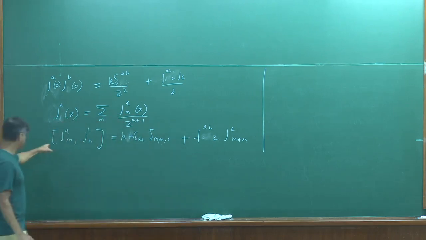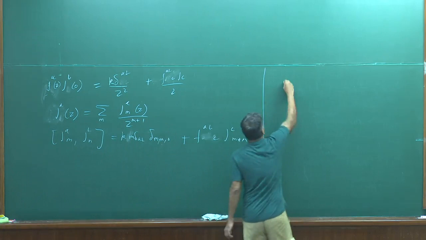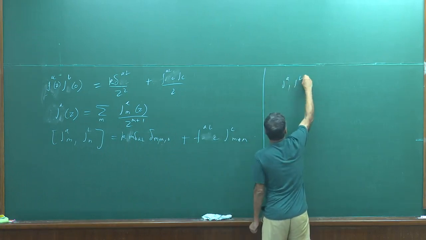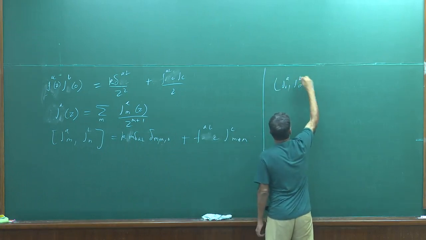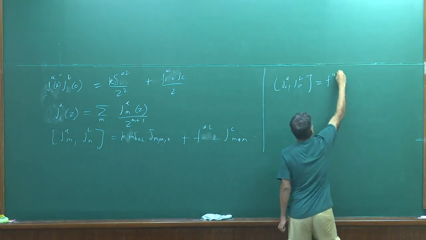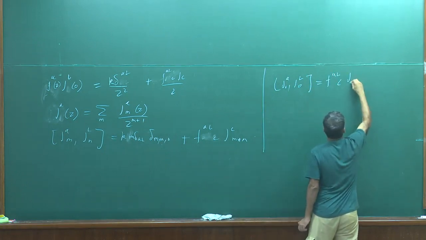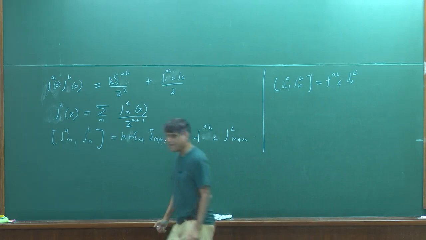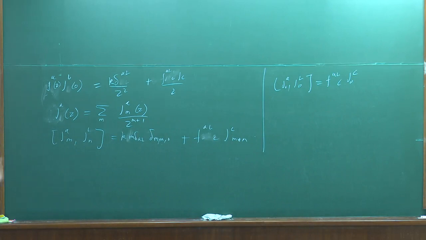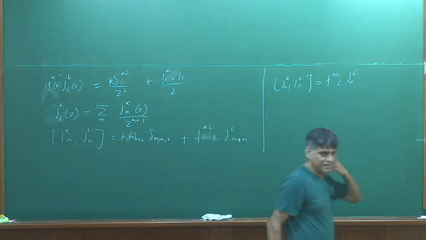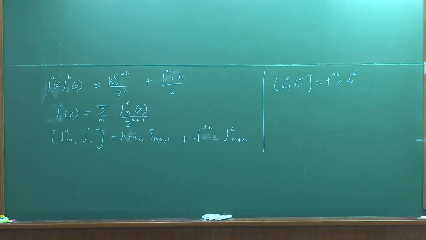So if I send m and n both to 0, then I get [J0^A, J0^B] is equal to f^{ABC} J0^C. And so we see that the zero modes of these currents are the generators of the Lie algebra. The non-zero modes are the extension, to give you this infinite dimensional extension.